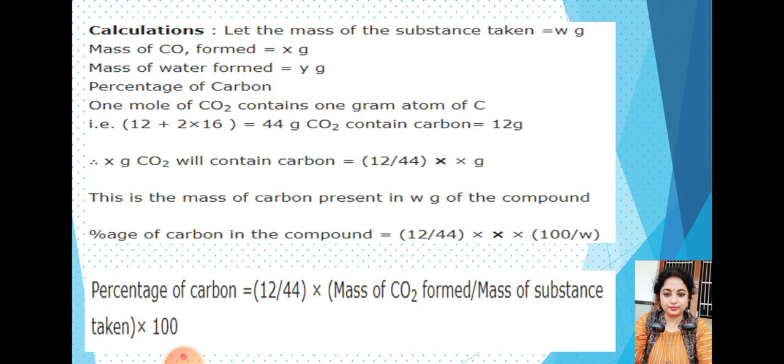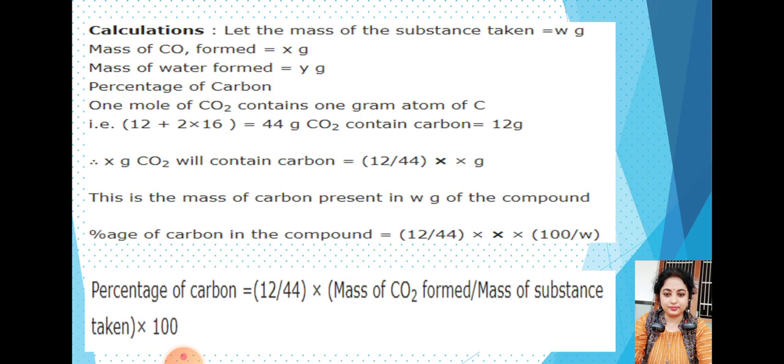The calculation is given in your book. I think you will understand it nicely, because it is a very simple unitary method. The way you keep doing percentage calculations, that only you have to do. Just see in your book, page 753.